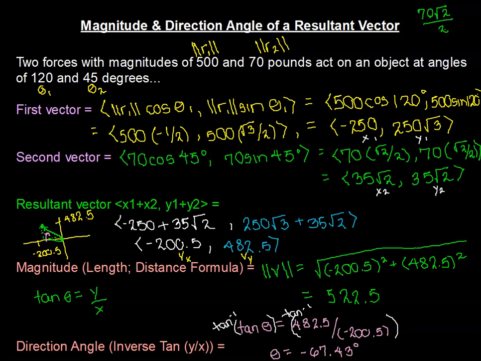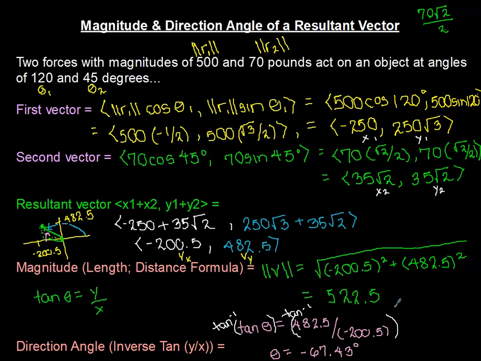Since most direction angles should be seen as positive, if I were to find the angle from here to here, knowing that this is negative 67.43 degrees, notice that the two of them add up to be 180. So to find out what the positive direction angle would be, I would just add 180 degrees to 67.43. Not that you'll really see it, but just a fun fact.